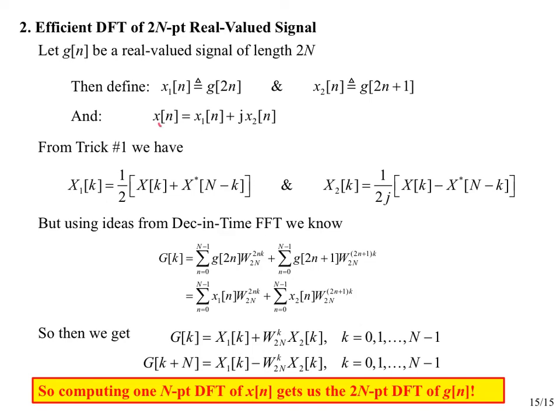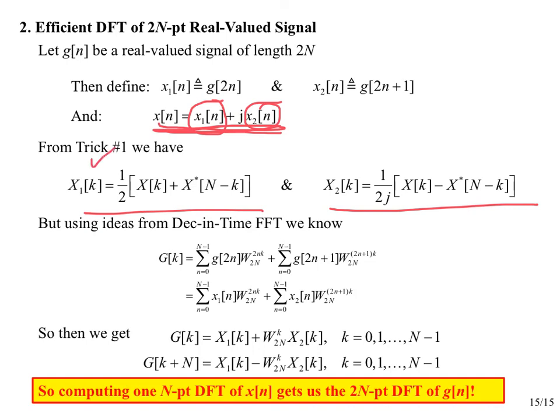Now, this is setting us up for doing effectively the same kind of thing as trick number 1. So trick number 1 tells me that I can get the DFT of x1 just by doing this trick. And I can get the DFT of x2 by doing this trick. Okay, so now I've got, remember, this is an n point DFT, this is an n point DFT, but they are evens and odds.